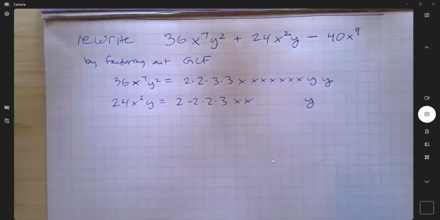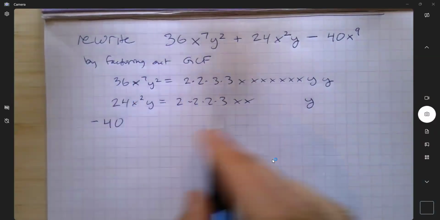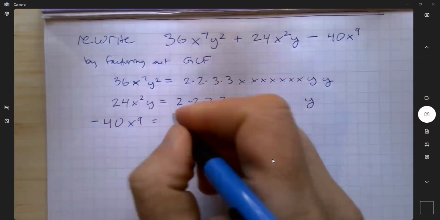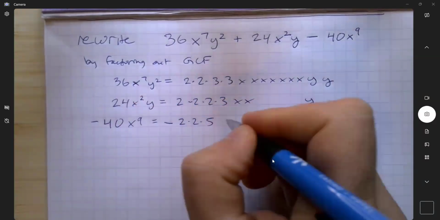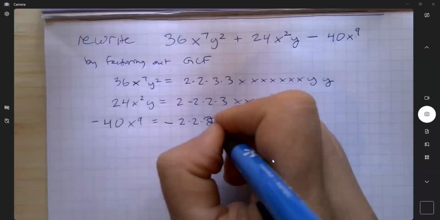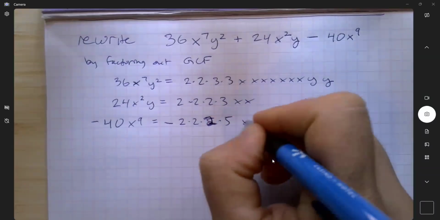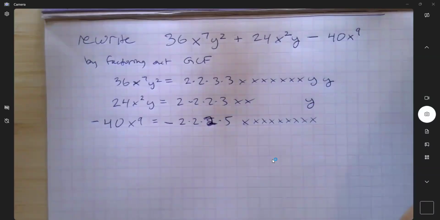I'm just going to put the y's vertically. It's easier for me to see. And then again, since it's minus 40, let's put the minus 40 again. Minus 40x to the 9th. That's minus 2 times 2 times 2 times 5. And then 9 x's, 1, 2, 3, 4, 5, 6, 7, 8, 9.